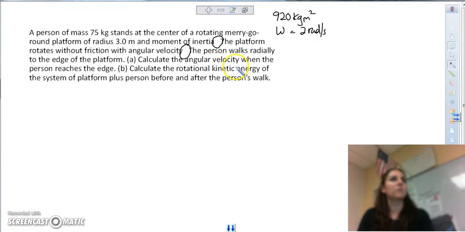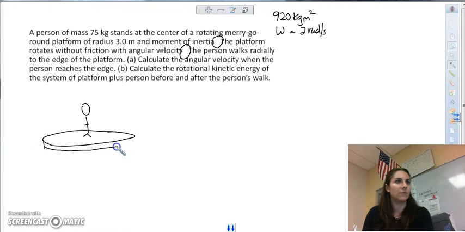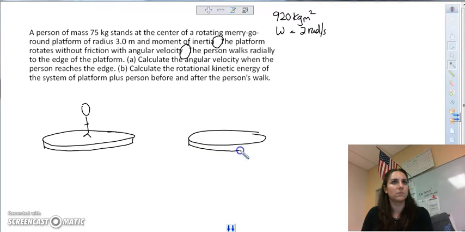Okay, so we have to calculate the angular velocity when the person reaches the end and calculate the rotational kinetic energy of the system of the platform plus the person before and after the person's walk. So we have quite a bit of information. The before is the person standing at the center here, on our rotating platform. Then they quickly walk out and end up right here.